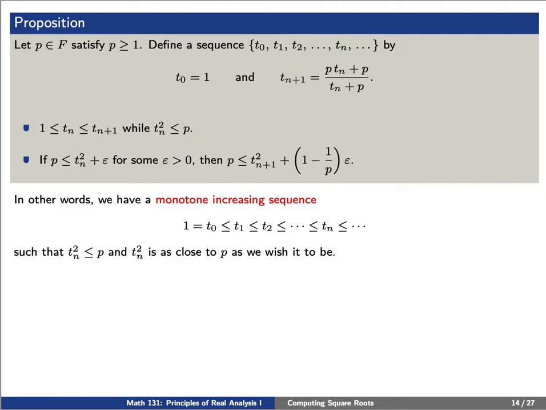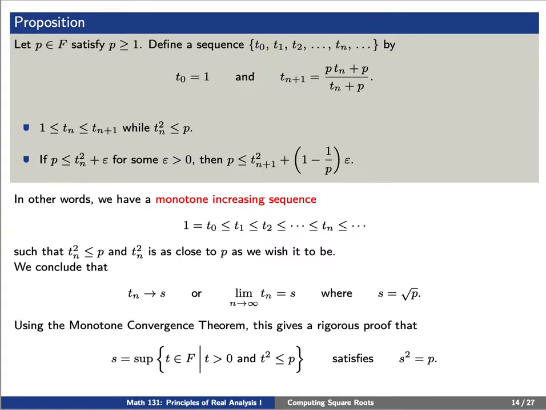But now the idea is that 1 minus 1 over p will bring us even closer, that is, t sub n squared will be even closer to p. So, our t sub n squared can be as close to p as we wish for it to be. We then conclude that our sequence t sub n converges to s, where s is the square root of p. Using the monotone convergence theorem, this actually does give a rigorous proof that s is the square root.